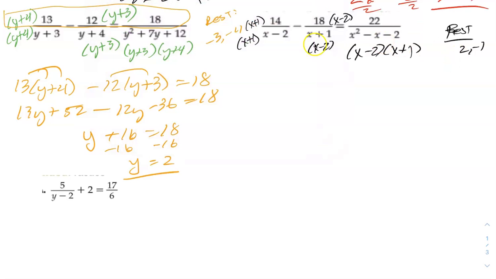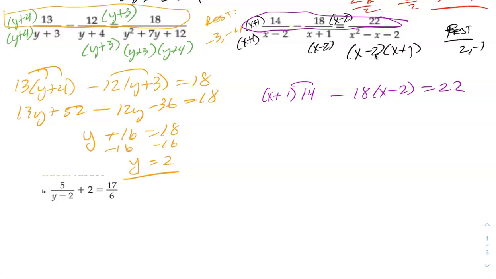Now that we have all the denominators equal, I just have to solve the numerators. So I have (x plus 1) times 14 minus 18 times (x minus 2) equals 22. Distribute: 14x plus 14, minus 18x plus 36 equals 22.